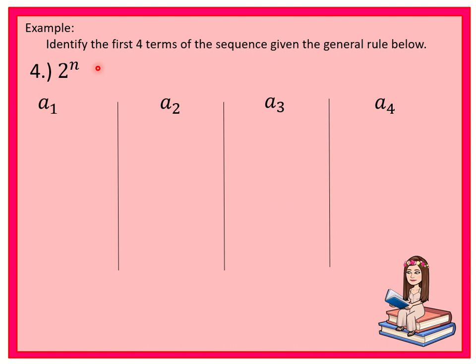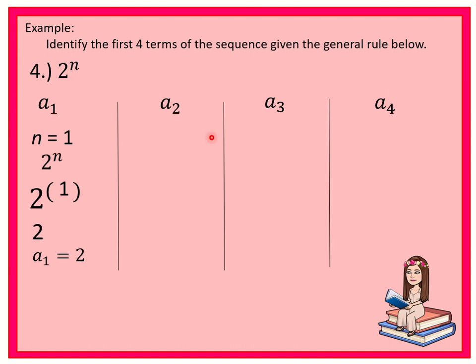So, para sa first term, our n will be equal to 1. And, copy natin yung general rule. Then, substitute yung 1 doon sa n. So, imbis na 2 raised to n, magiging 2 raised to 1. At ang 2 raised to 1 ay 2. Therefore, our first term is 2.